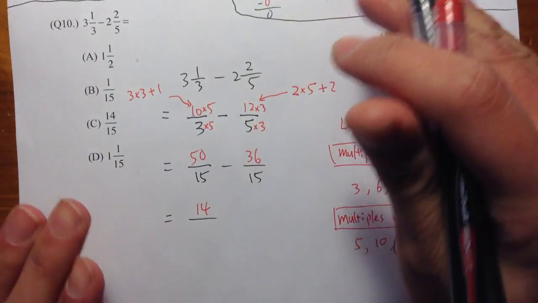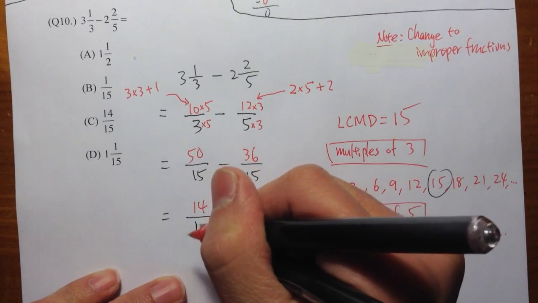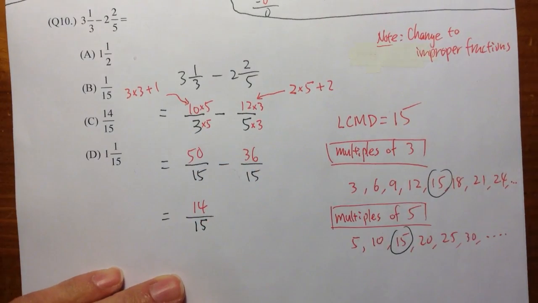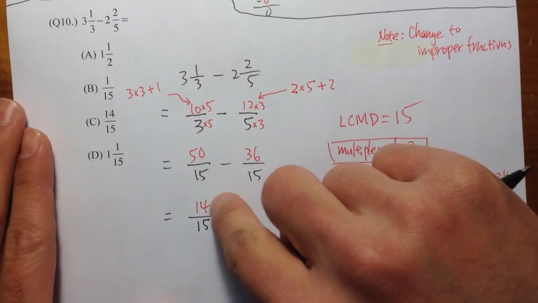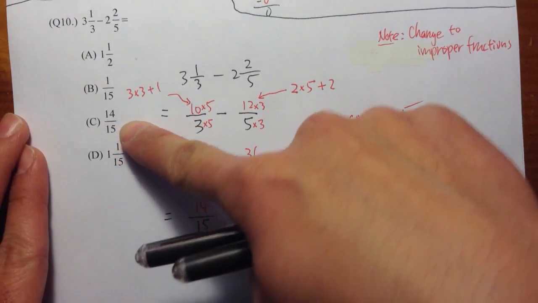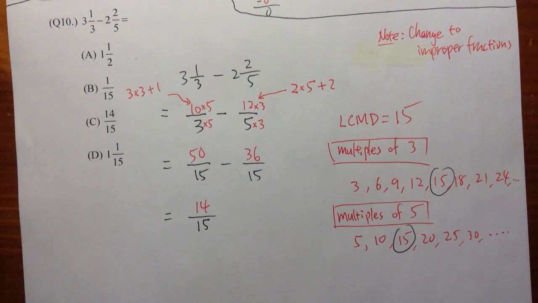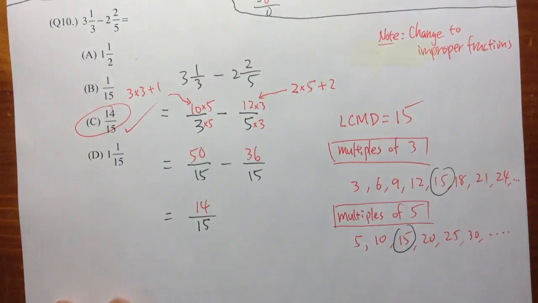You don't subtract, you don't add with the denominator. The denominator stays the same. And my answer is 14 over 15. And actually that's one of the answer choices as well. You can check out the answer key, and that's exactly the correct answer. Circle the answer and then give a check mark.